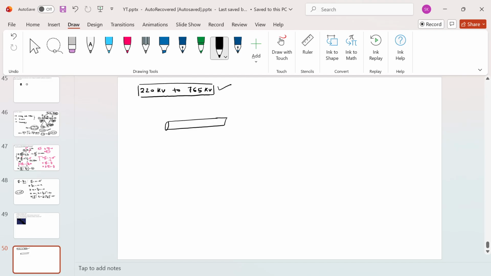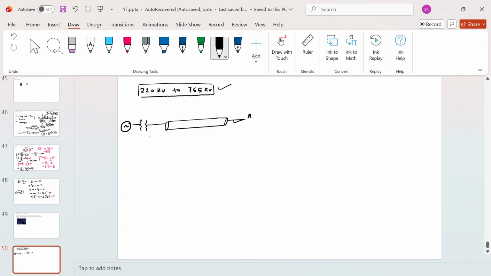Let's say the power is coming from a source, with transformers and generators here, and you are transmitting the power through this transmission line. Let's say this is phase A.